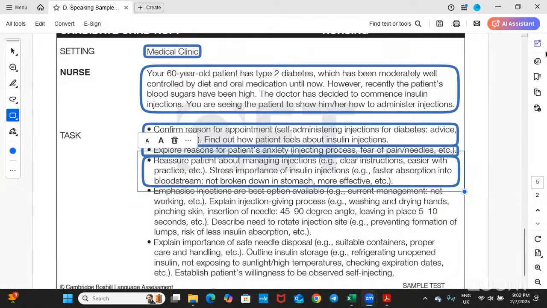This will help you in faster absorption into the bloodstream. And it's not broken down in the stomach, like how the medication, when you eat, is broken down in the stomach. And it is more effective.